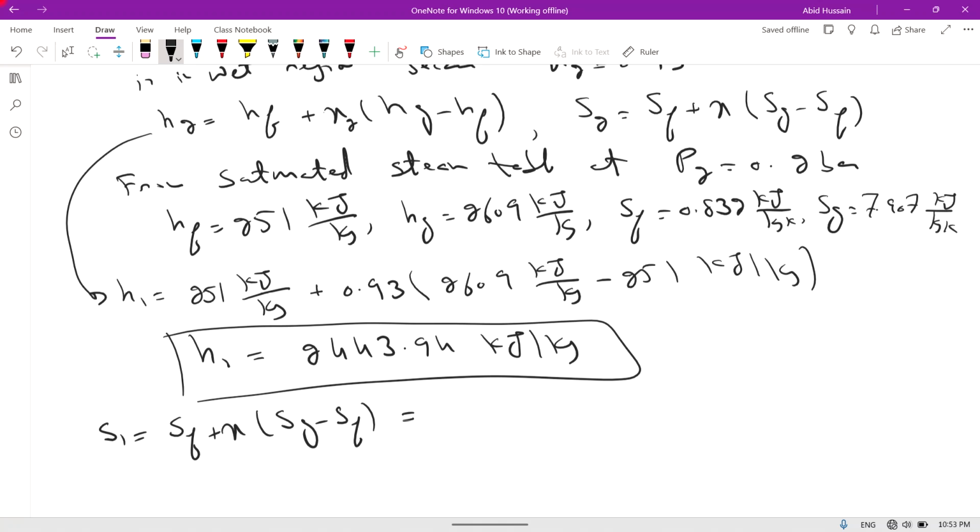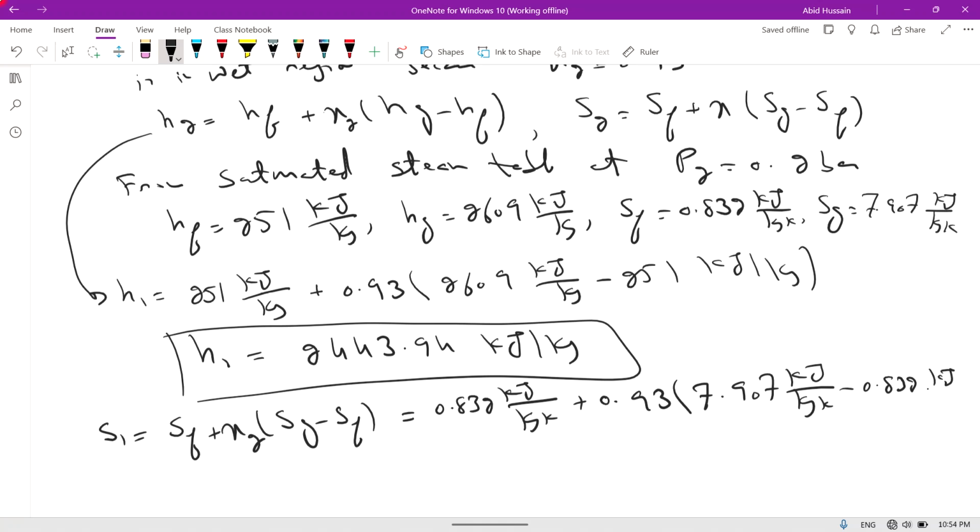And S2 is equal to Sf plus x times Sg minus Sf. So Sf is 0.832 kilojoule per kilogram per Kelvin, plus the value of x2, 0.93, times Sg, 7.907 kilojoule per kilogram per Kelvin, minus Sf, 0.832 kilojoule per kilogram per Kelvin.